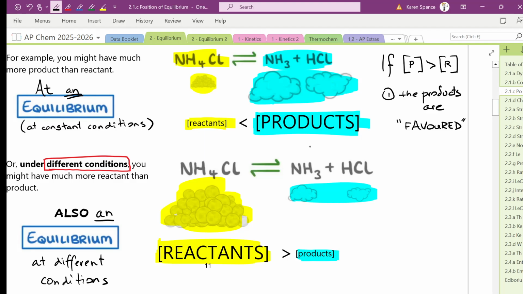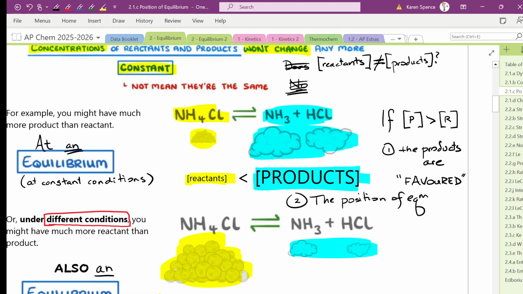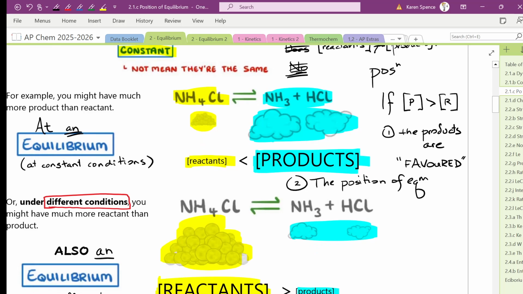The second thing we can say is that the position of the equilibrium lies to the... and by the way, position, P-O-S-N, position, okay?